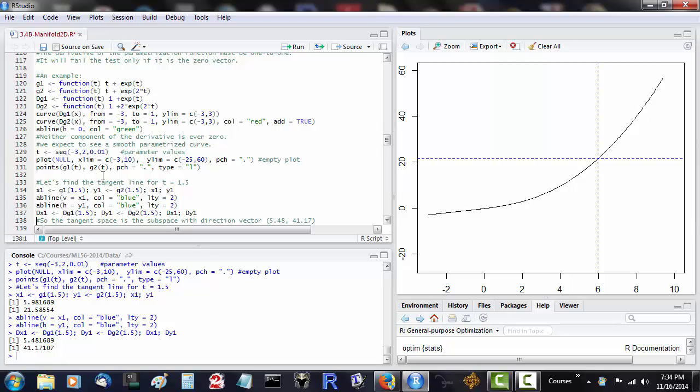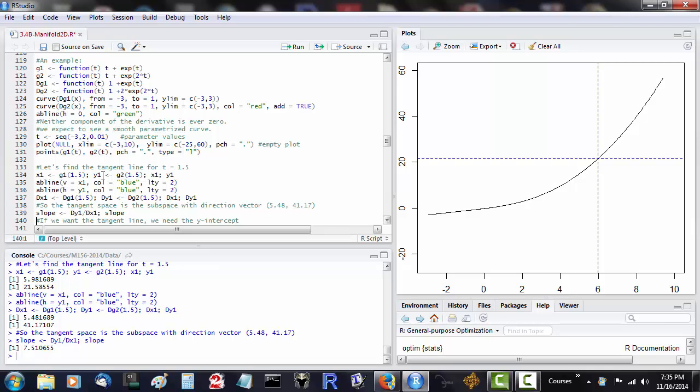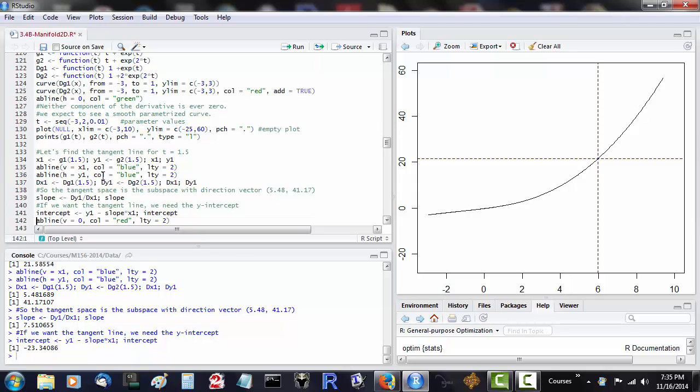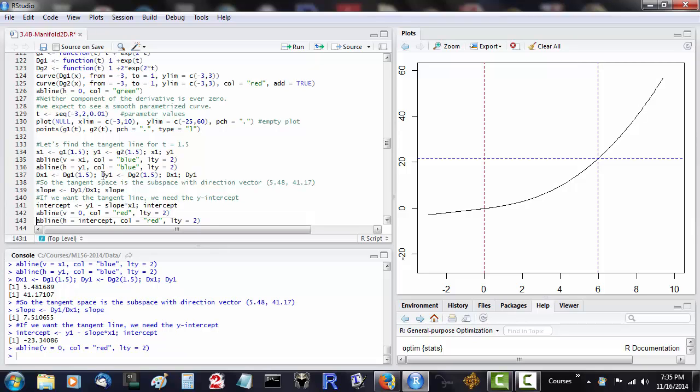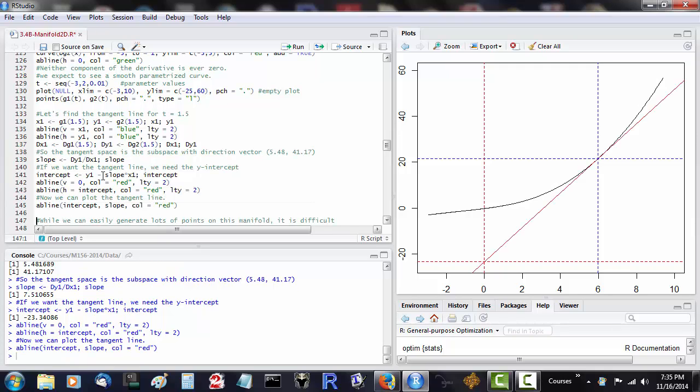It is the subspace with a direction vector specified by those two derivatives. I can plot that easily by calculating its slope. And if I want to show the tangent line, I need to figure out what its y-intercept is, subtracting off the slope times the x value. Once I have both the slope and the intercept, abline will give me the tangent line, and there it is.